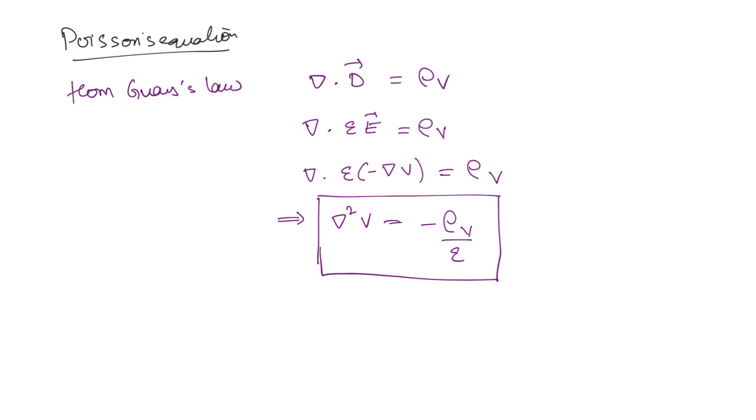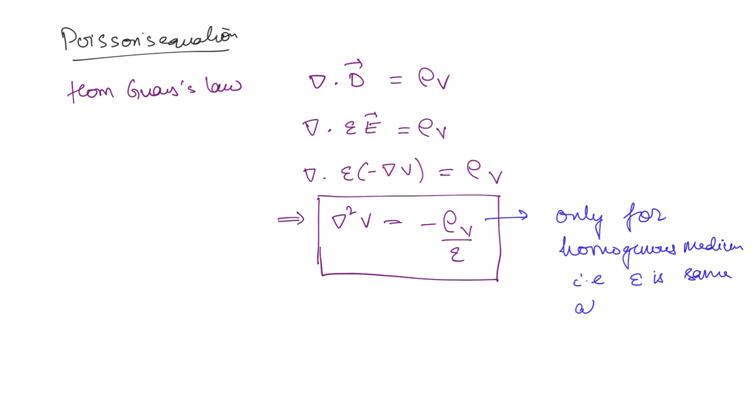Okay, so this is only for a homogeneous medium. That is, epsilon is the same at all the points in the region. Okay, so this is the Poisson's equation.